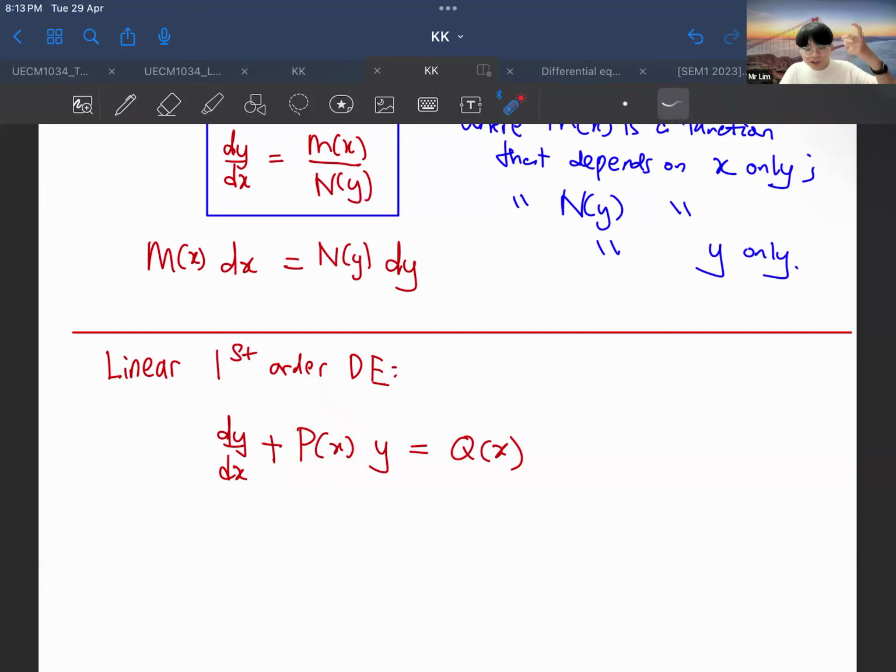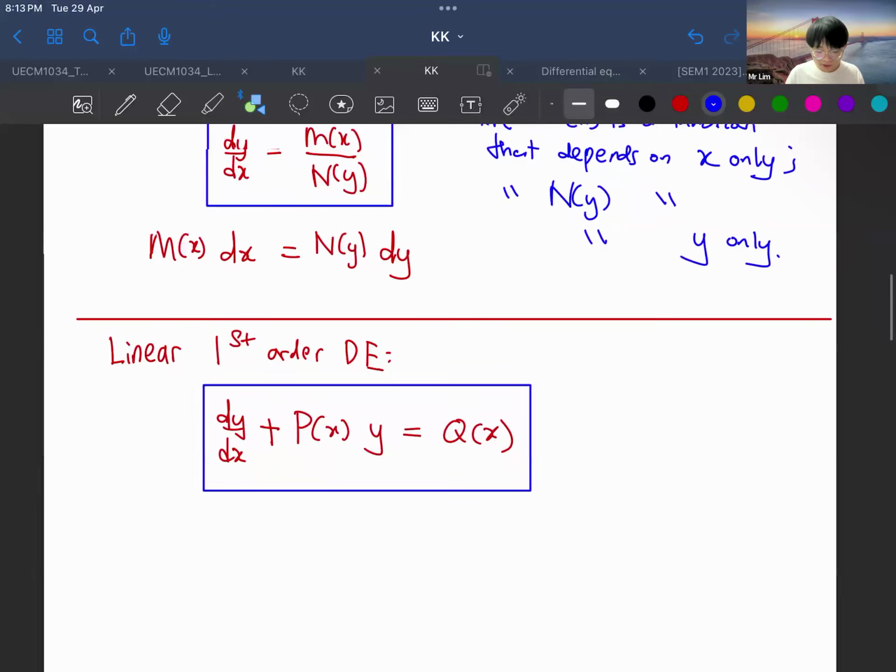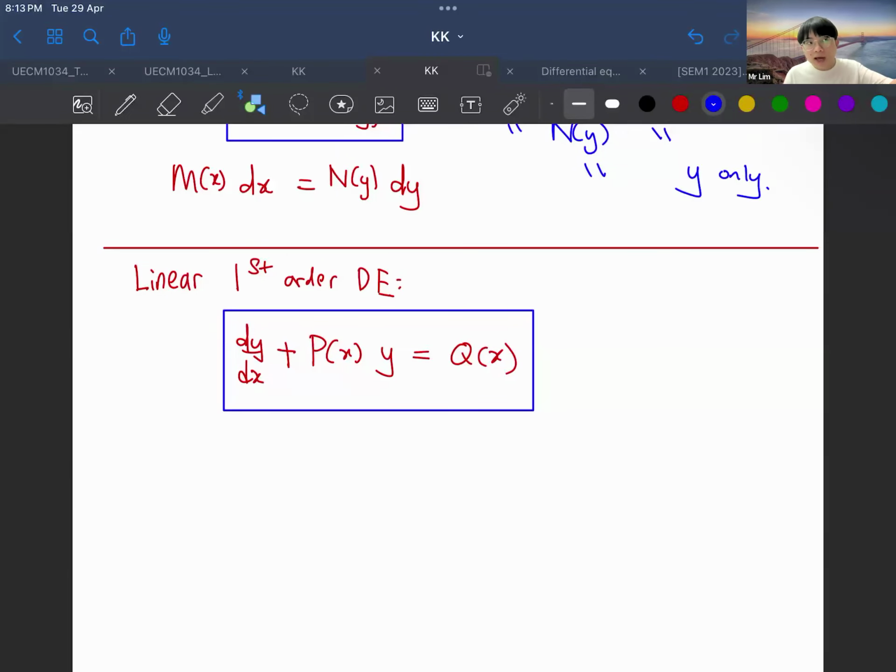So basically, this is the general form that it must have, so that you can call this equation a linear first order differential equation. DE stands for differential equation. You can say P and Q are functions of x. So this is what we call linear. Just like that, nothing much to expect. I hope that you understand. So far no question.